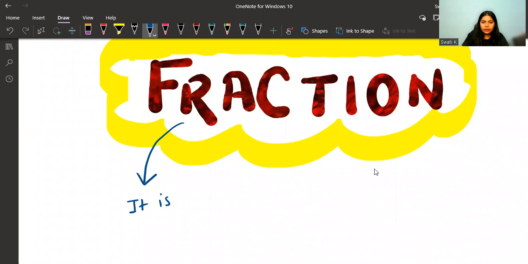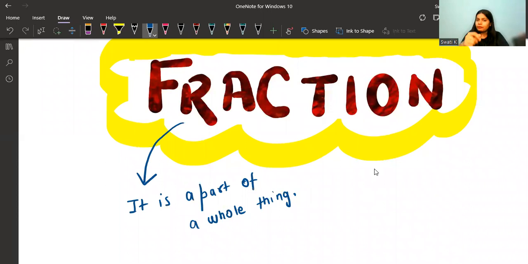For example, we all love pizza, right? So imagine you have a pizza and you have divided that pizza into 4 equal pieces. And if you have eaten one piece, right? So what amount have you eaten? You have eaten 1/4 of a pizza, and that we represent as 1/4. Now, here this 1 that is written on the top, this is called numerator.